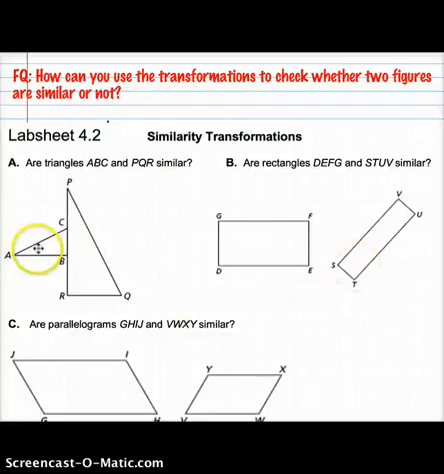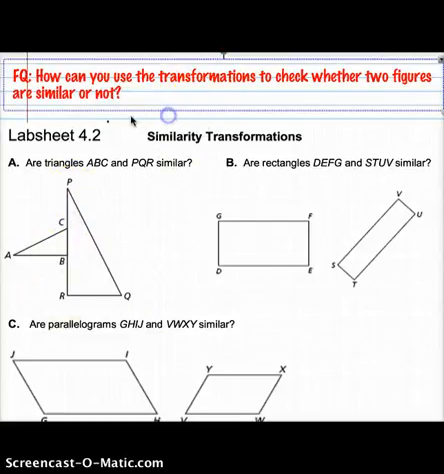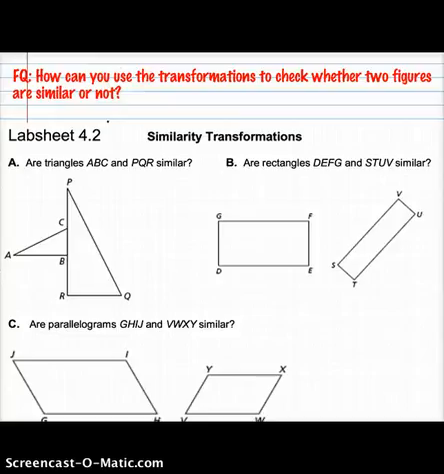Okay, so I'm going to see if triangle ABC is similar to PRQ using transformations and our dilations, which we learned last class. Okay, so I outlined ABC in this blue ink, and at first glance they do look very, very similar. They both look like right triangles. So what I'm going to do is use my transformations first, and then we'll use our dilations to see if they're similar.